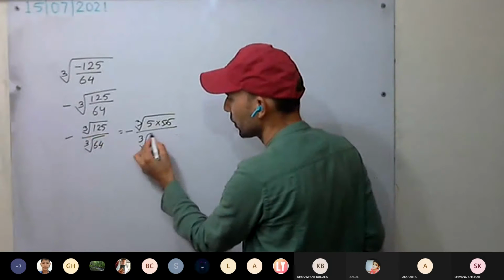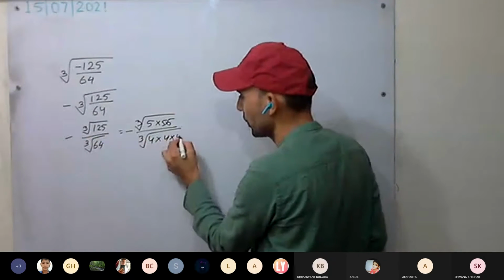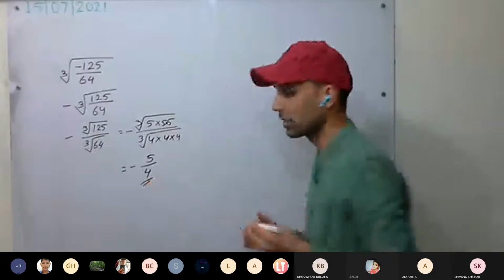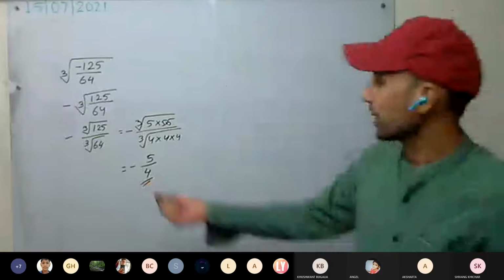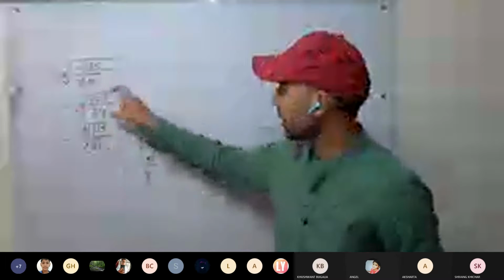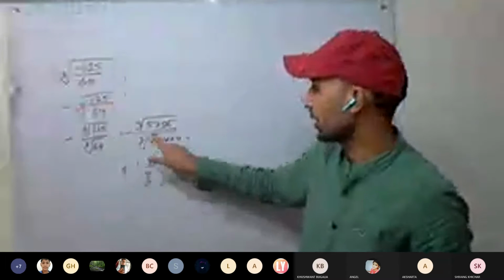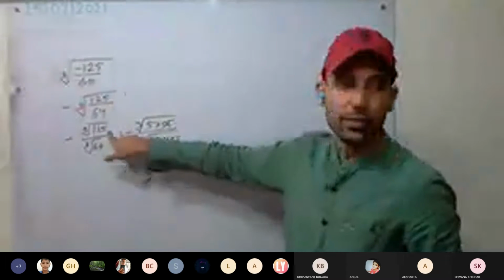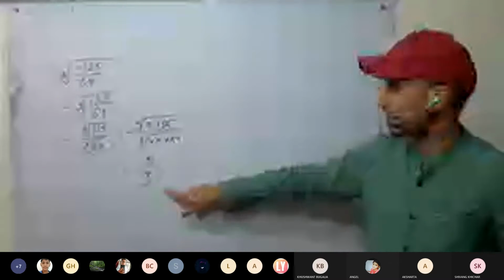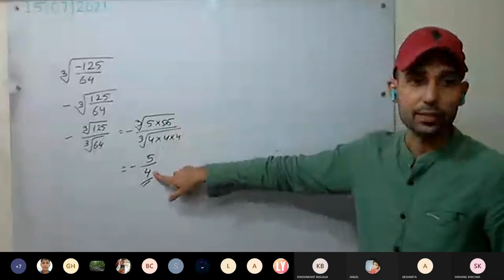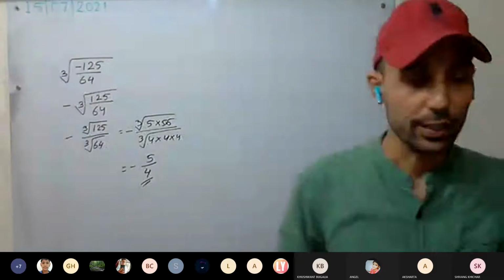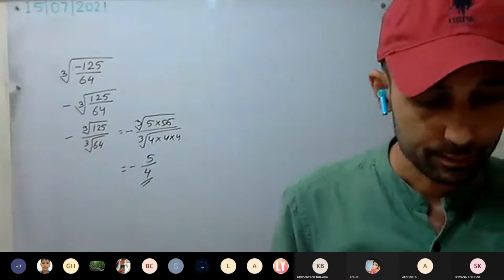Divided by the cube root of 4 into 4 into 4. So minus 5 upon 4. Have you got this? The very first step we took the minus sign outside. Then we took the root separately of the numerator and denominator, and then expanded them by factorization. From each triplet we have taken one out. From 5, 5, 5 we took one 5 out, and from 4, 4, 4 we took one 4 out. Okay, do the next one.